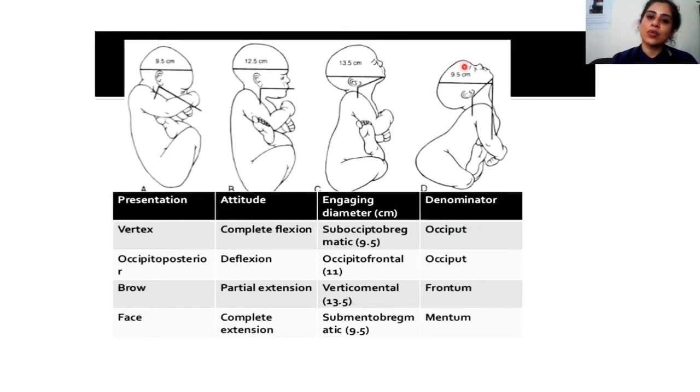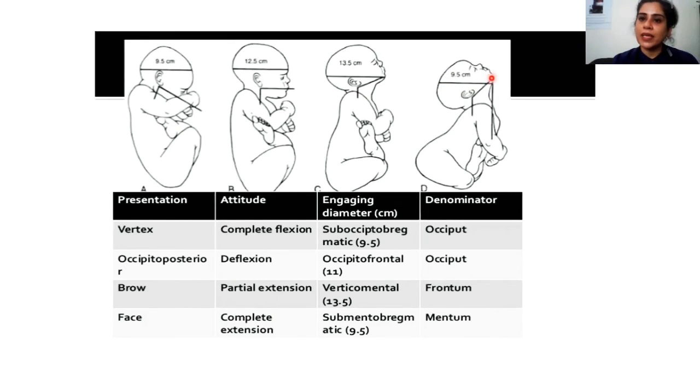Now at the last, when there is complete extension of the fetal neck, this makes the presenting part the face, and the engaging diameter is submento-bregmatic. So this is the bregma and this is the submental region, and it is again 9.5.